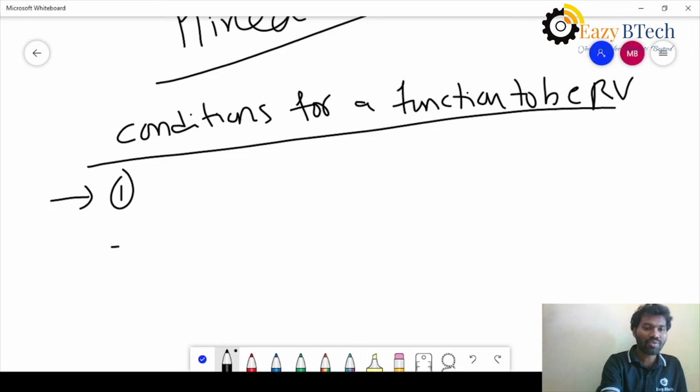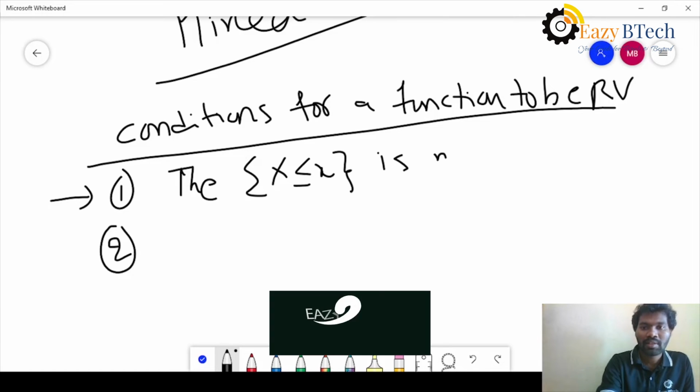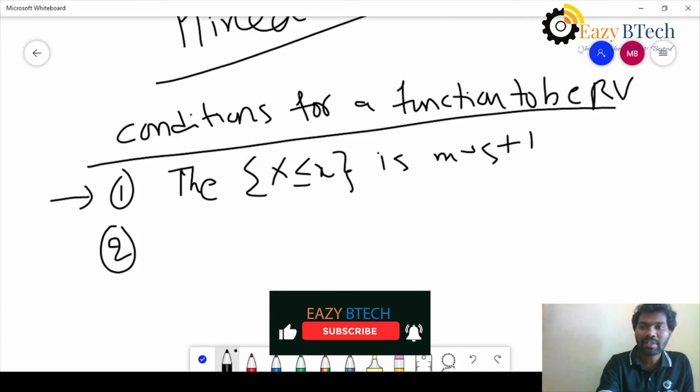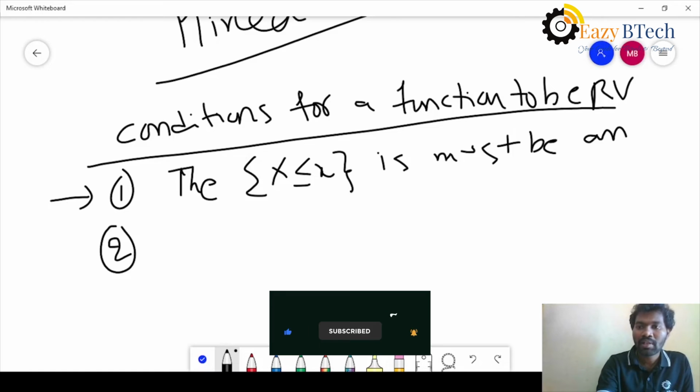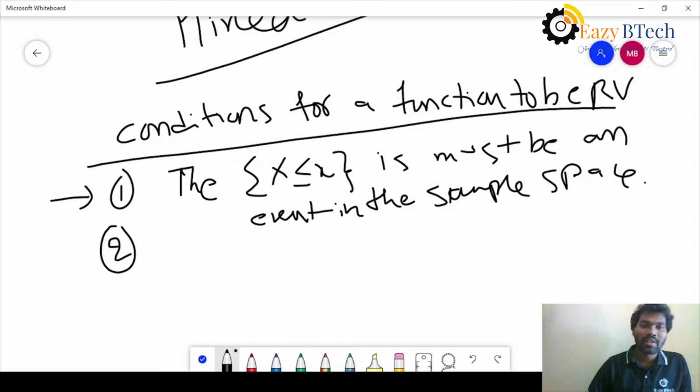The first is that the set X less than or equal to x must be an event in the sample space.